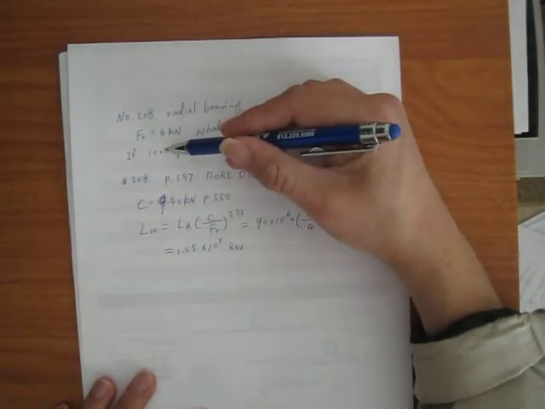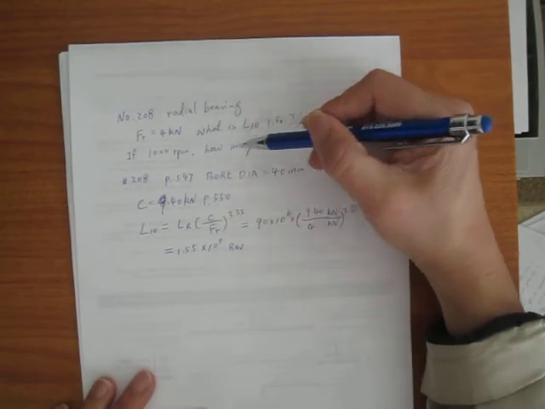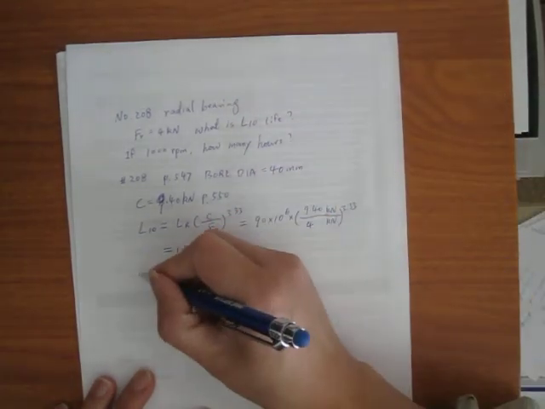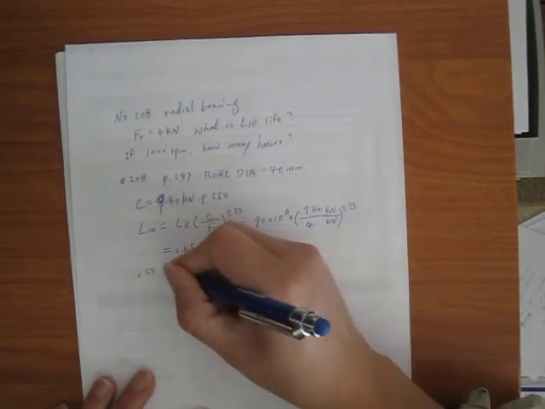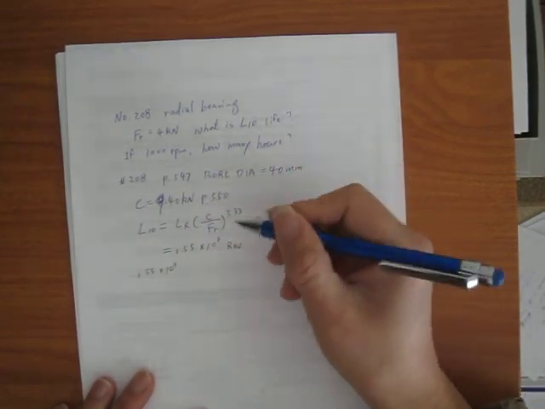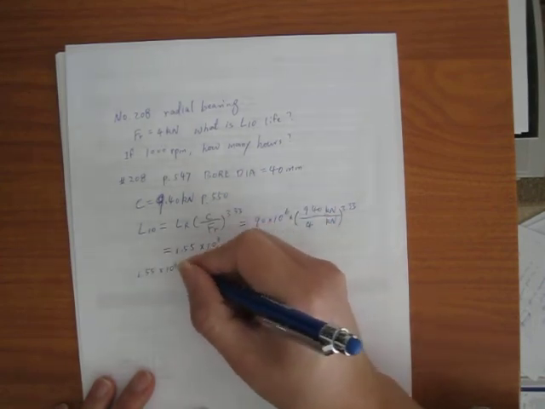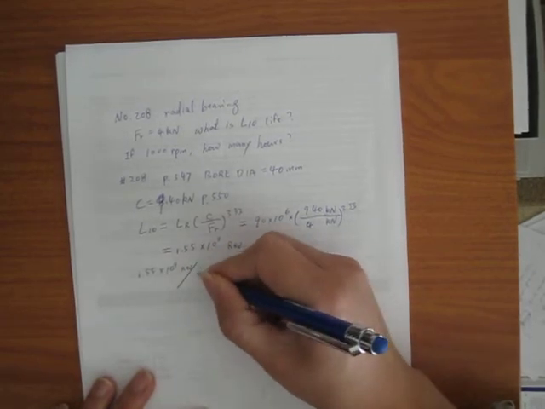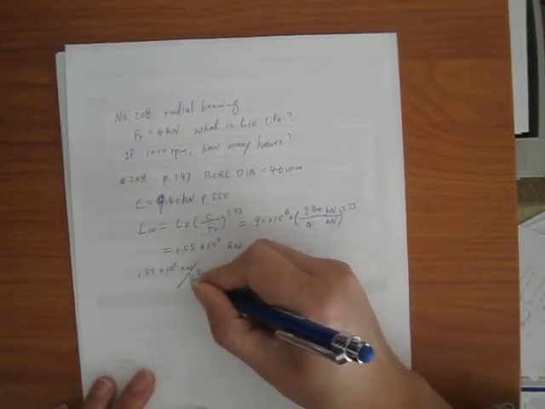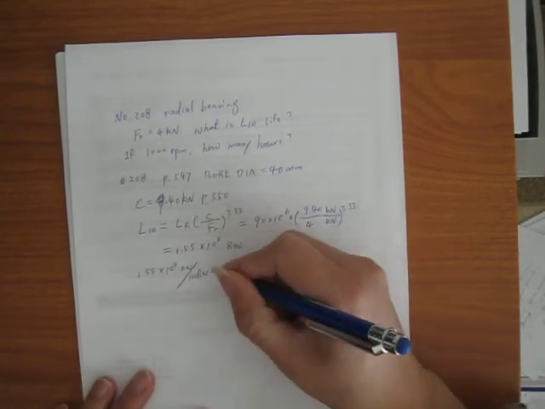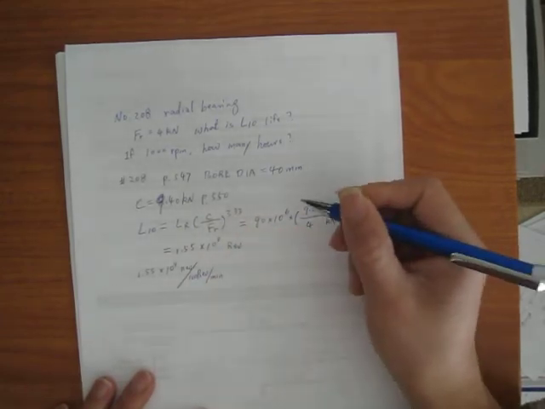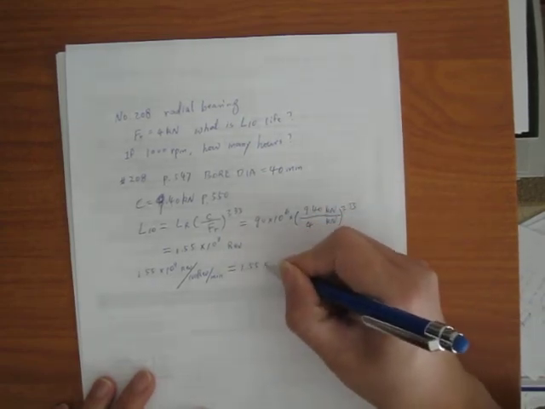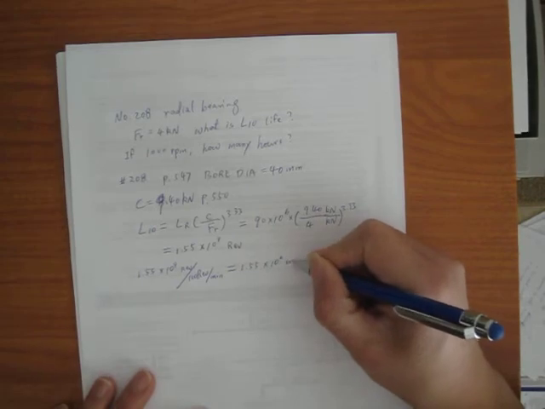Now if you run at 1000 RPM, how many hours? So 1.55 times 10 to the 9th revolutions, divided by 1000 revolutions per minute, gives you 1.55 times 10 to the 6 minutes.